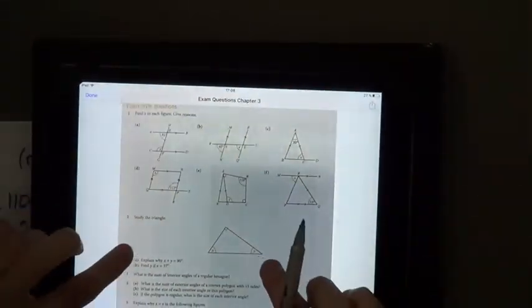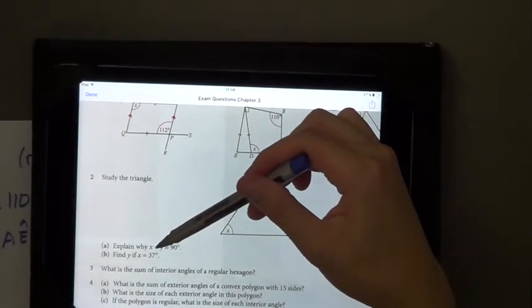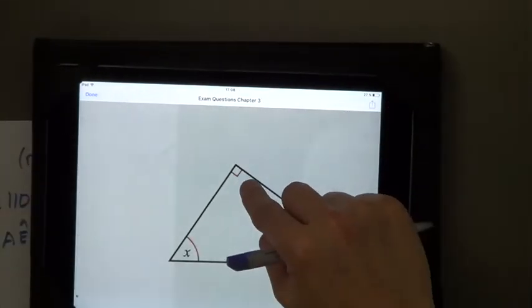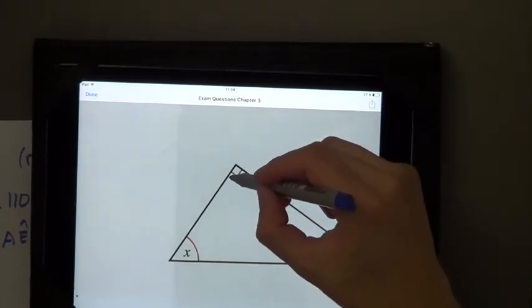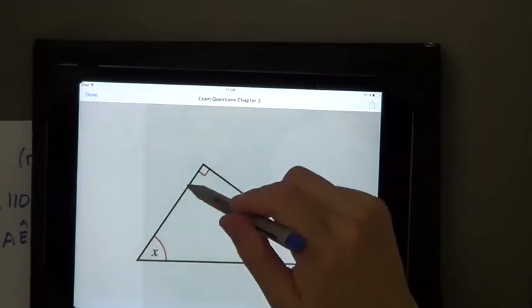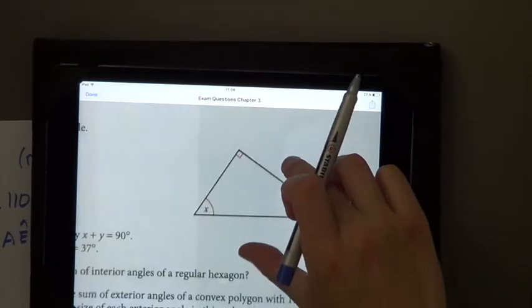Right, next question. It says, study the triangle. Explain why x plus y equals 90. Well, the square, or the lines drawn like that, means that it's 90 degrees. So if that's 90, x plus y has to equal 90 because half of 180 is 90.